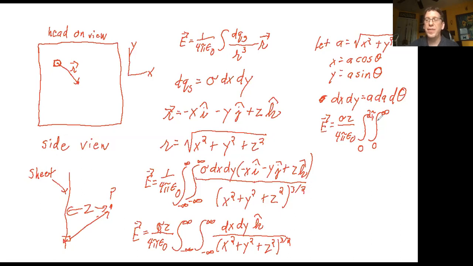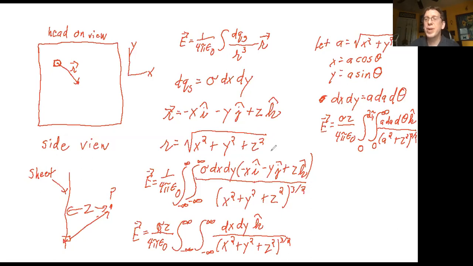So we have a dA d theta in the numerator, and that's k hat, that doesn't change, over this term, which becomes a squared plus z squared to the 3/2.